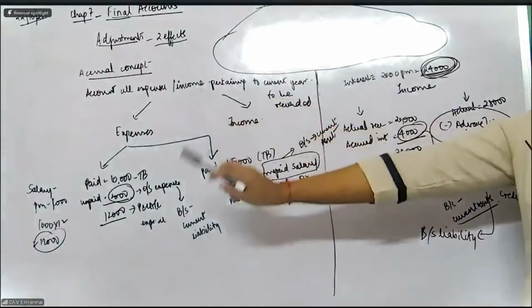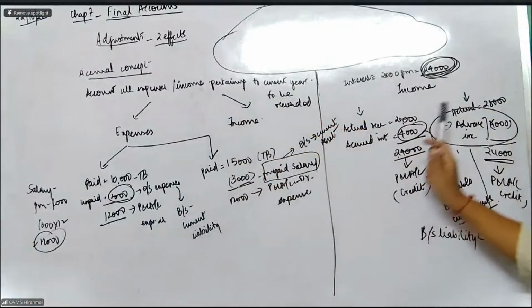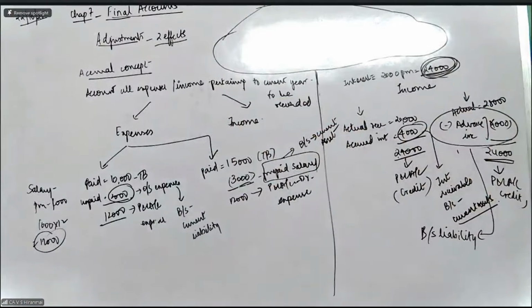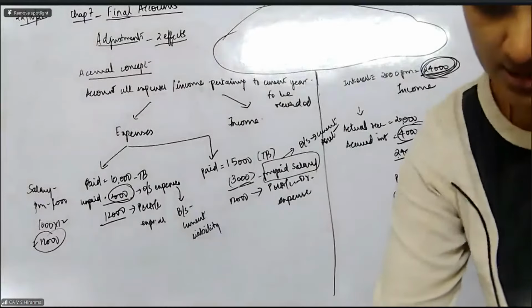So in expenses, you can have outstanding expenses and prepaid expenses. In income, you can have accrued income and advance income. So this is the concept.